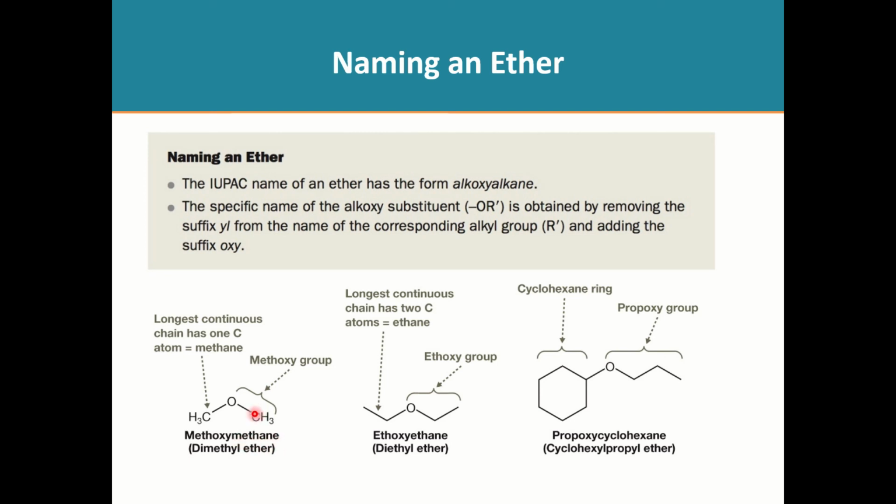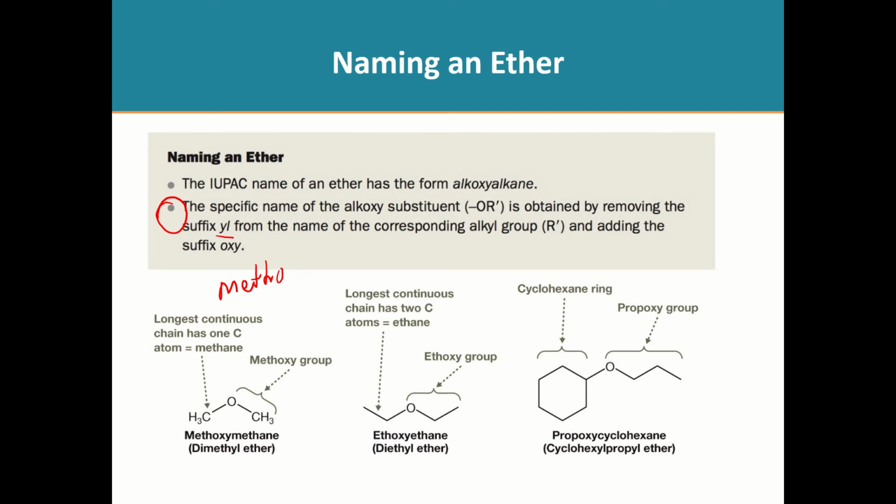And then you look at the other R group and you name it. What would you name that? That would be a methyl, right? So let's write that down. But in this second bullet point, it says you have to get rid of the -yl and replace it with -oxy.